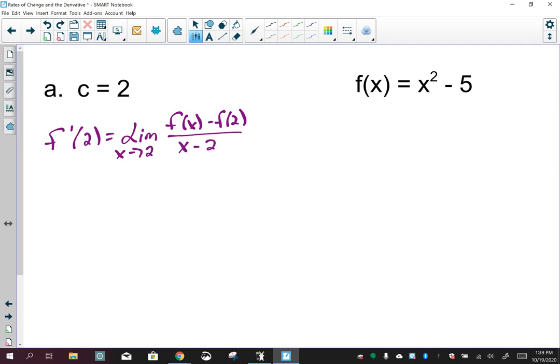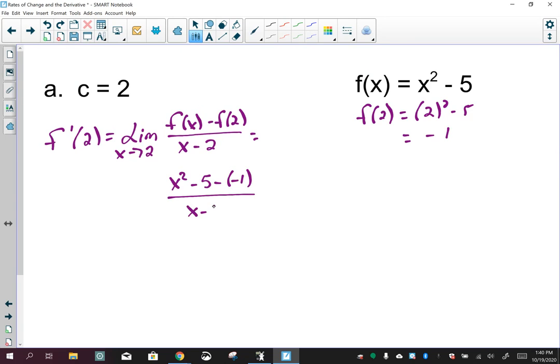Take a moment. You're going to say, well, what is f of 2? That is 2 squared minus 5, which gives me negative 1. So then I come back over here and focus on this piece. I have x squared minus 5 minus a negative 1 all over x minus 2.